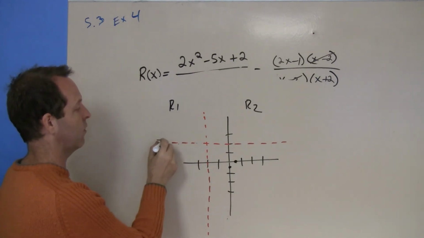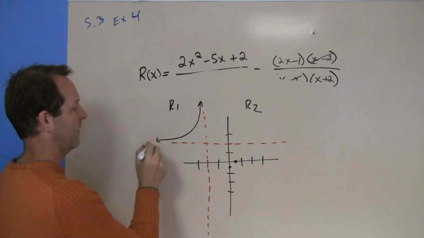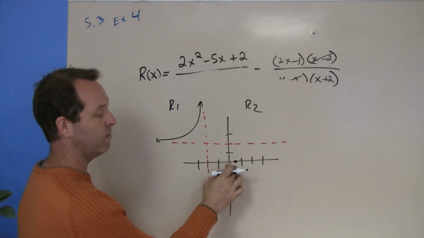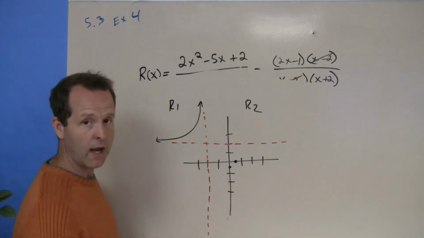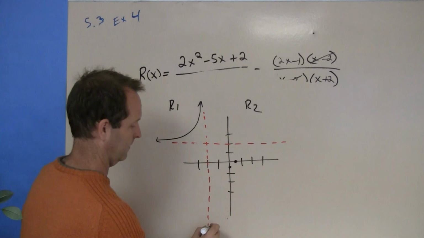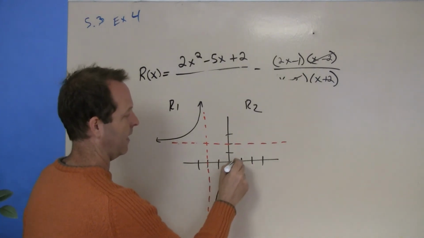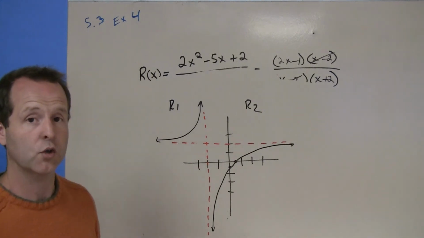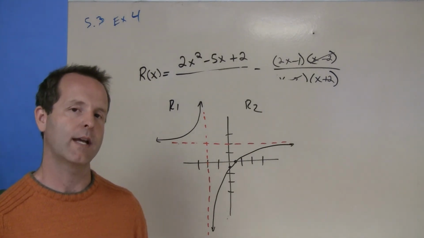The graph must therefore be above, in that upper section. In this middle section, I see 2 points it goes through, so I know the graph has to cross through those points. And then it also is approaching those lines asymptotically. And so there's the graph, with one minor exception.